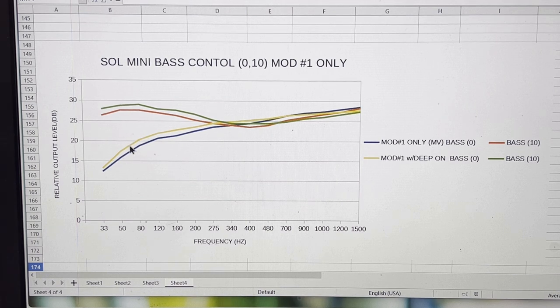So this is 0 on the bass, and then the green is the corresponding when the bass is at 10. So there's your bass boost there. If you don't want to do both mods at the same time, you don't have to put in mod 2. You could try this one out and you will get some bass boost.